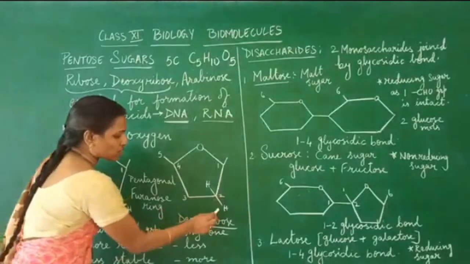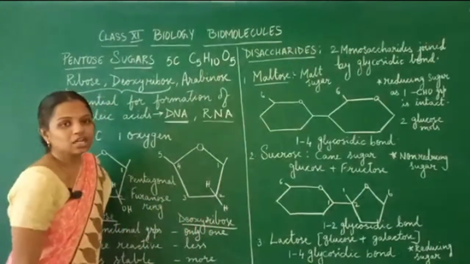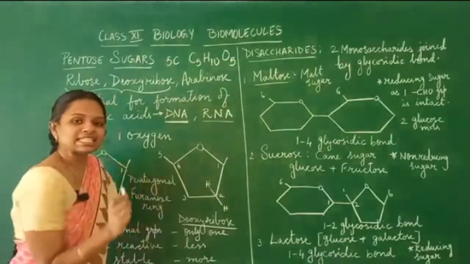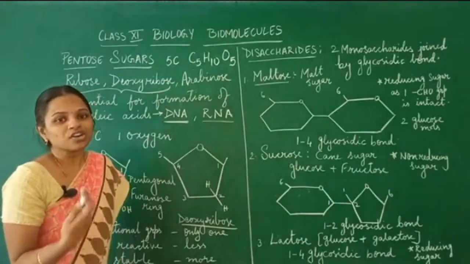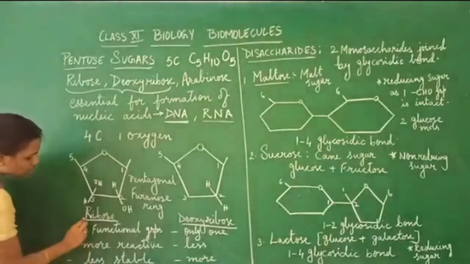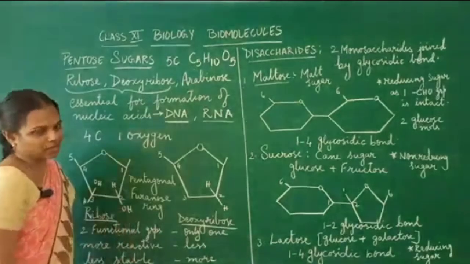Due to the lack of oxygen, there is only 1 functional group in deoxyribose, because of which it is less reactive. Remember, the more the number of functional groups, the more reactive it is. And so, ribose, as it is more reactive, is less stable.